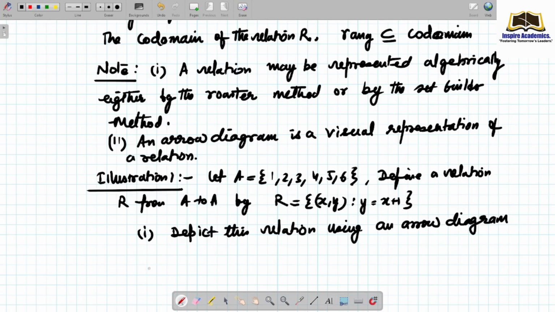Number 2, write down the domain, codomain and range of R.